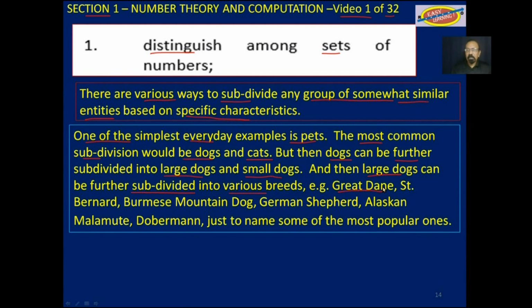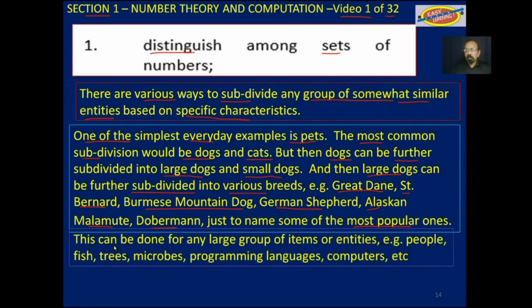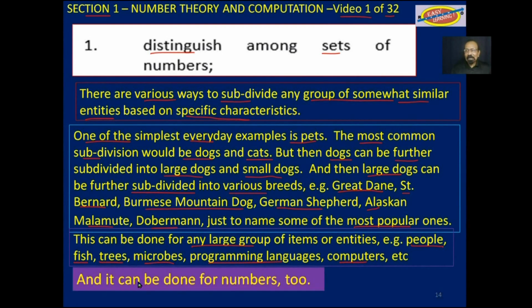Example, Great Dane, Saint Bernard, Burmese Mountain Dog, German Shepherd, Alaskan Malamute, Doberman, just to name some of the most popular ones. This can be done with any large number of items or entities. Example, people, fish, trees, microbes, programming languages, computers, and so on. And it can be done for numbers too.